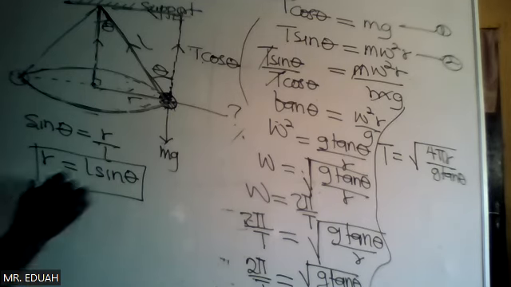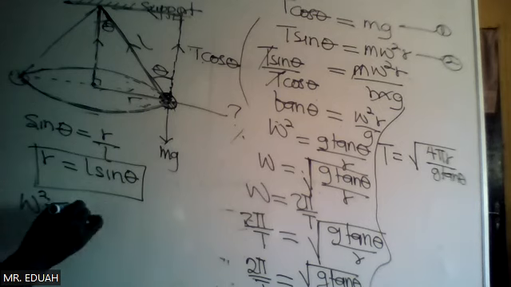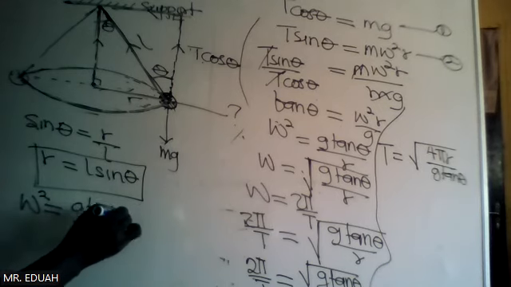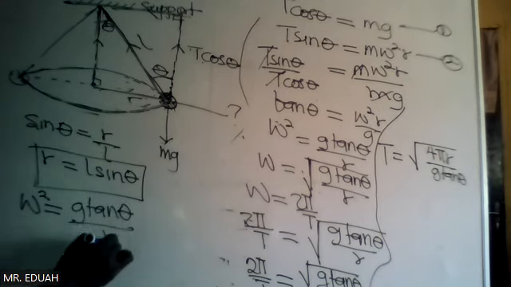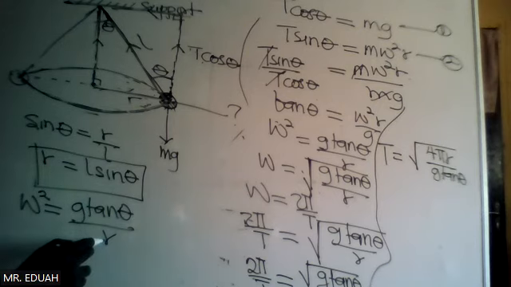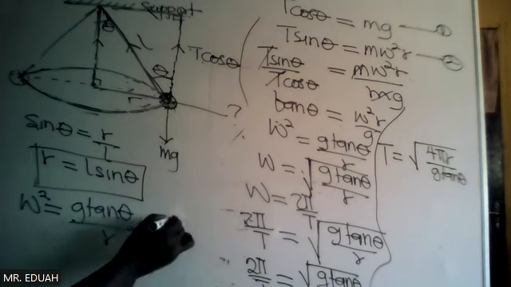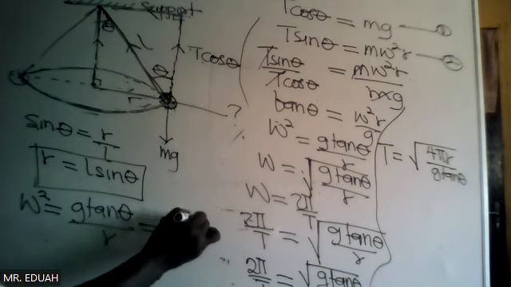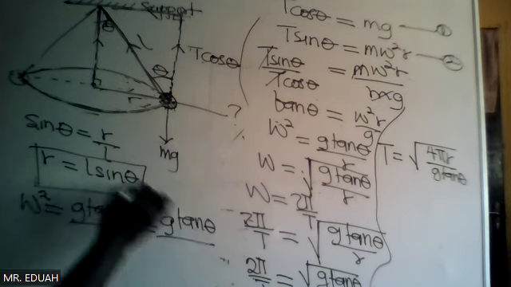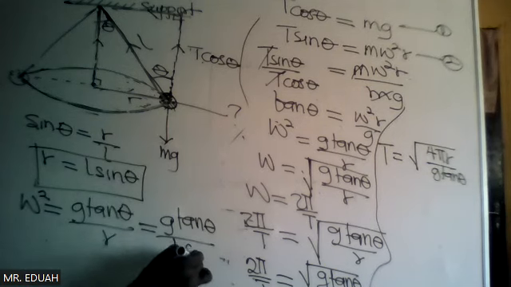Omega squared is equal to g tan theta over R. R is this. So this is g tan theta over L sine theta.